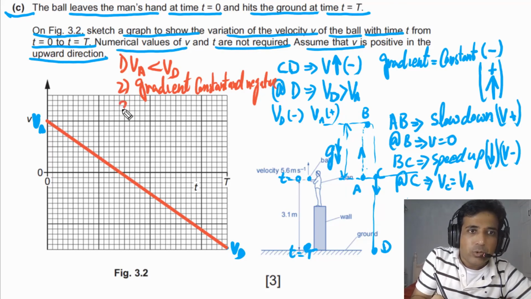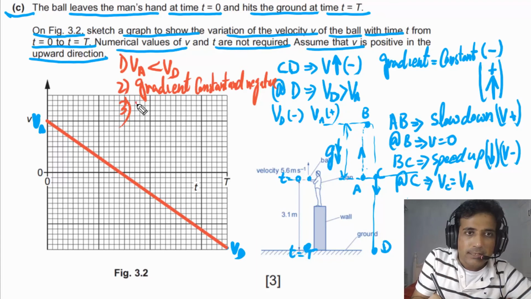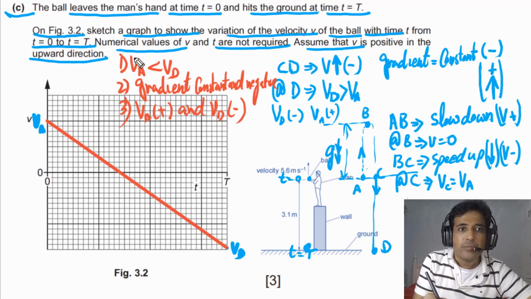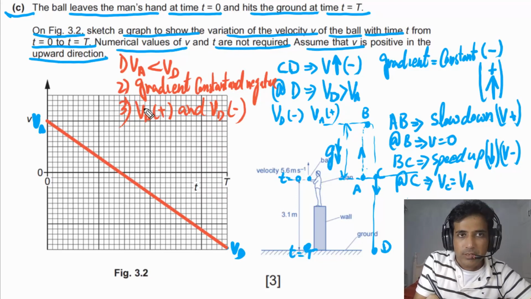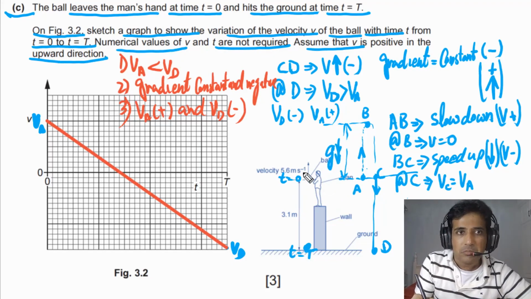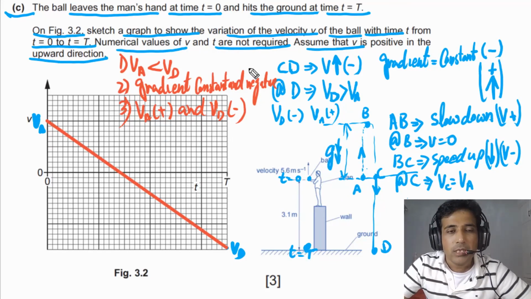You also need to show in your sketch that VA, the initial velocity, is positive and the final velocity VD is negative. So if you follow these 3 points, you will get 3 marks. So this is how marks will be awarded. I hope this part is clear to you.